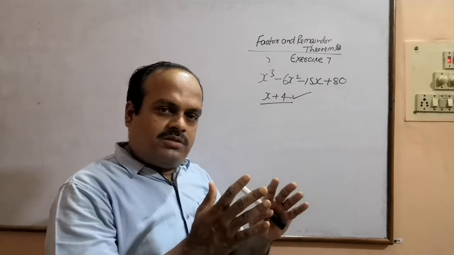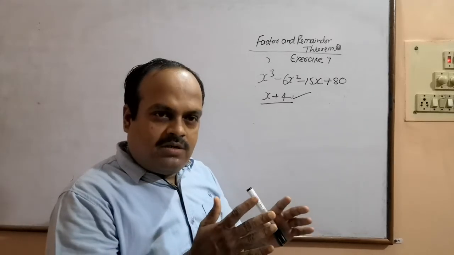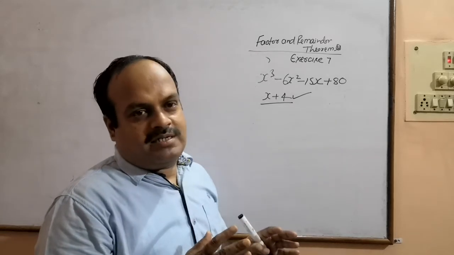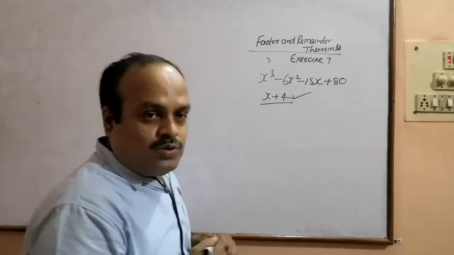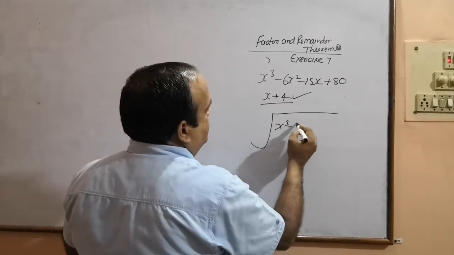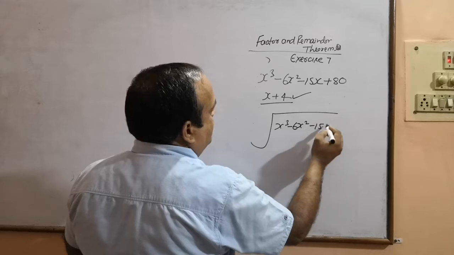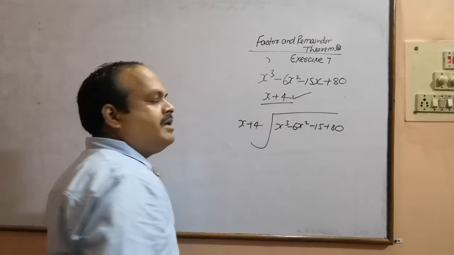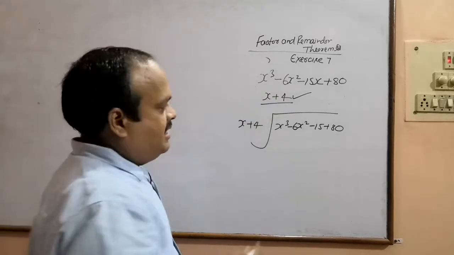If you use the correct method, you will not lose the mark, you will get the full marks. Remember it. So what they do, they divide the polynomial by x plus 4.